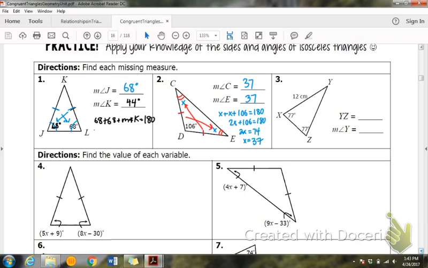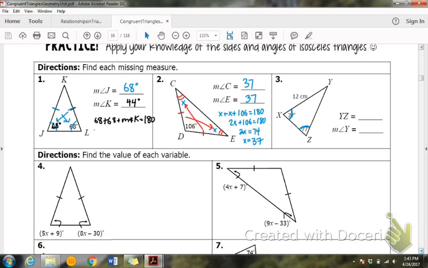Okay, let's look at number 4. Oh, wait, I'm sorry. Number 3 talks about the sides. Let's check out number 3. Number 3 says, find the measure of YZ. Well, don't we see that these two angles are congruent? So let's mark them congruent.